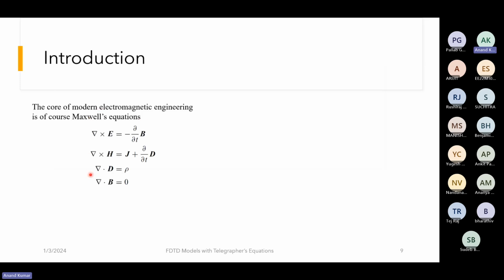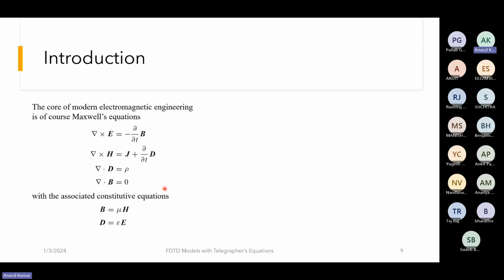These are the popular Maxwell's equations, which we are all familiar with, and these Maxwell's equations are completed by the constitutive equations, where E and H are the electric and magnetic fields, B and D are the flux densities, and rho is the charge density, mu and epsilon are the permeability and permittivity of the media.